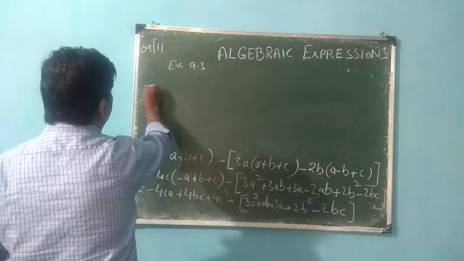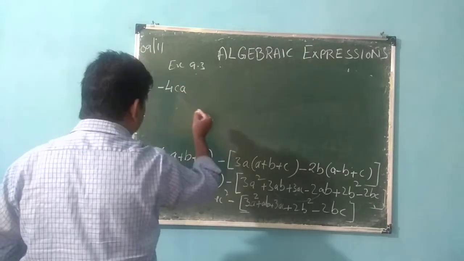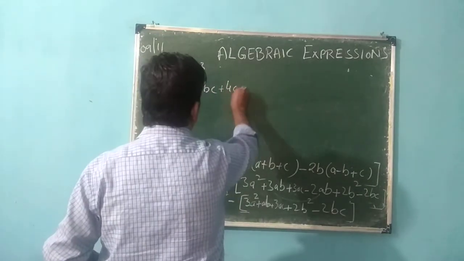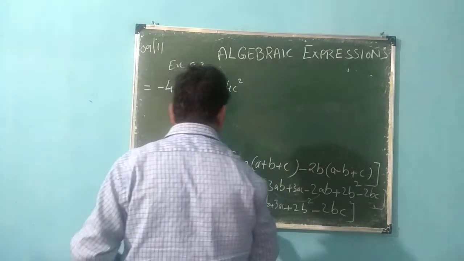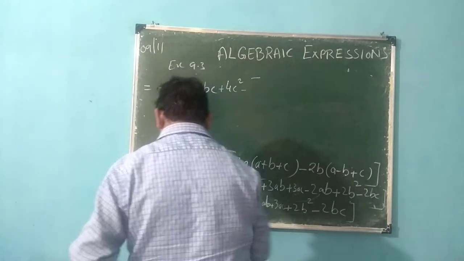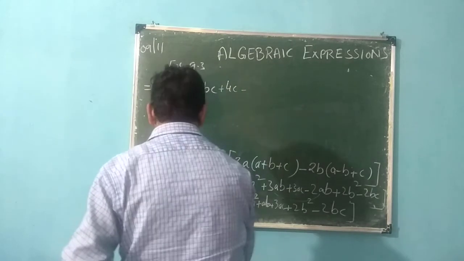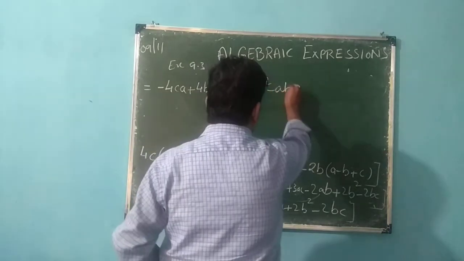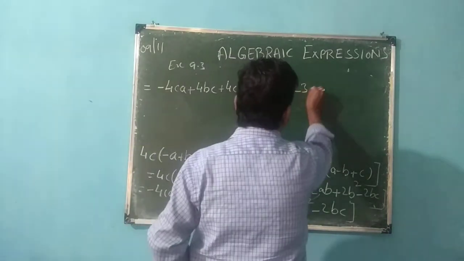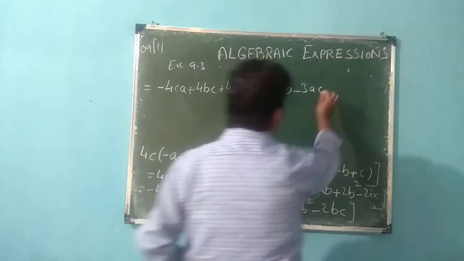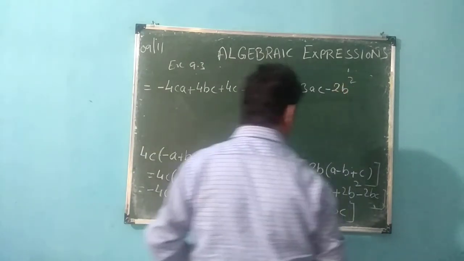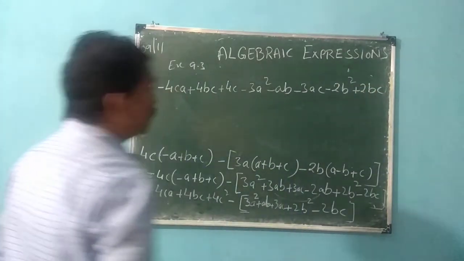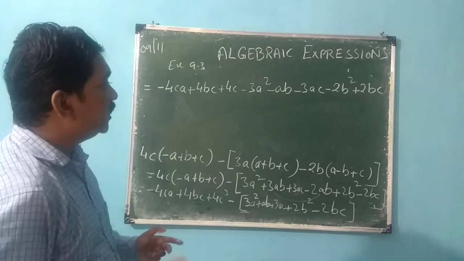So here it is minus 4ca plus 4bc plus 4c square minus thrice a square minus ab minus thrice ac minus 2b square plus 2bc.